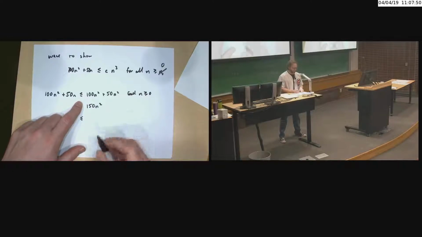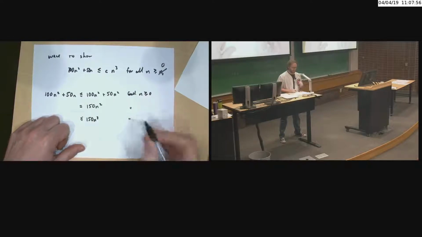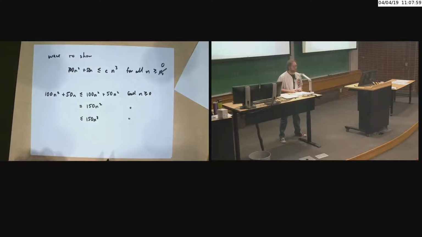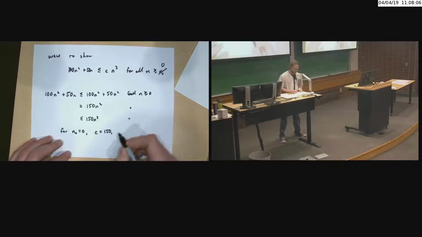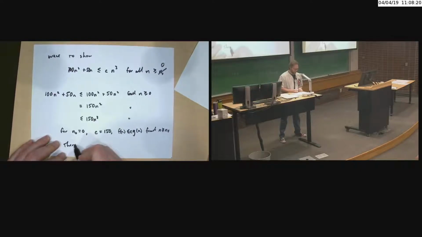Multiply by n. 150n cubed, for all n greater than or equal to 0. So for n naught being 0 and c being 150, f of n is less than or equal to c g of n for all n greater than or equal to n naught. Therefore, f of n is big O of g of n. And that's what we wanted to show.